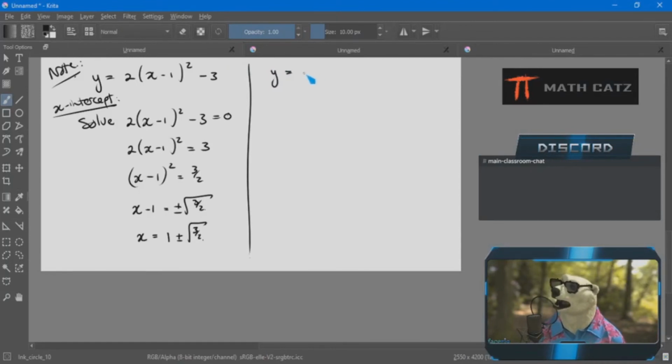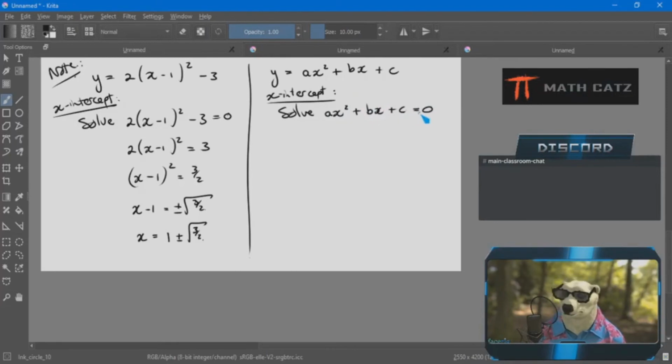If I now have an ax squared plus bx plus c general form, then my x-intercept, and this is probably the thing people remember the most, is still to solve the equation I get when I plug in 0 for y.